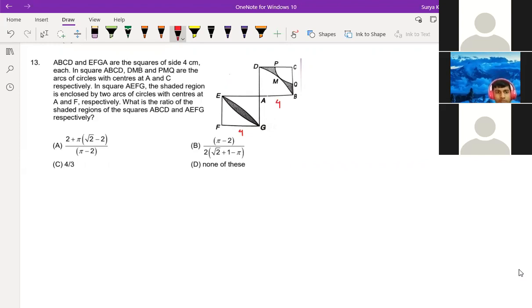After that, what are they given here? In the square AEFG, the shaded region is enclosed by two arcs with center at E and F. What is the ratio of the shaded region of the square ABCD and AEFG?